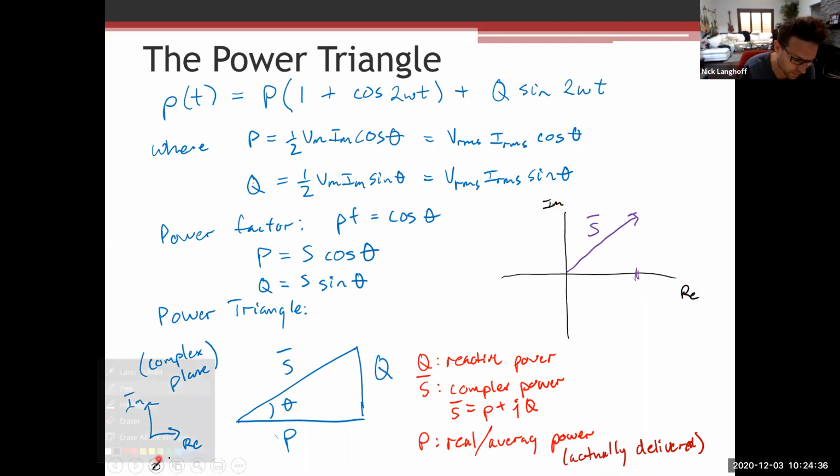Okay, so let's say you have some complex power S. That means there's a real part, right? This is P, that's the real power delivered.